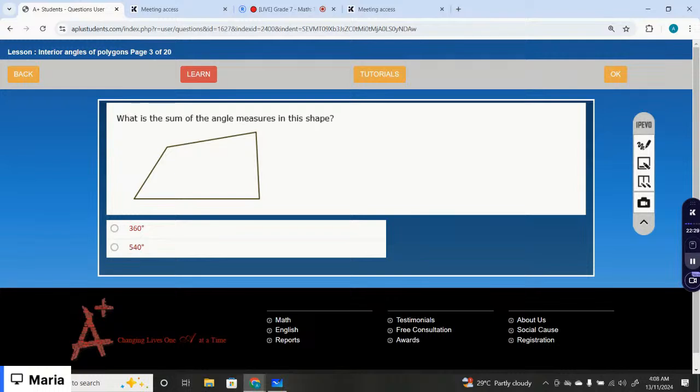The correct option is 360 degrees. Again, option number 1 is the correct option. That's a four-sided shape, so it must sum to 360 degrees, right?